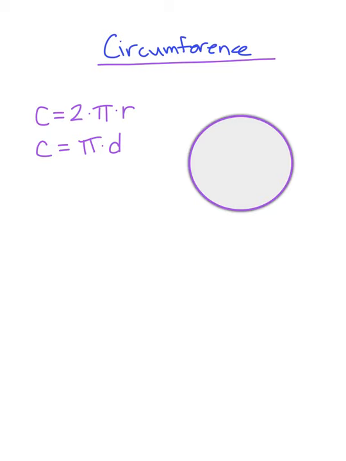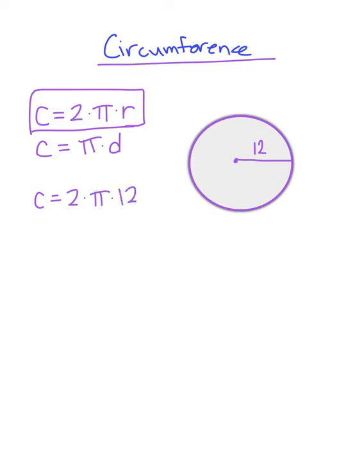So in this first example, let's say you're given a radius. So the radius here, let's say is 12. Okay, so you have a radius, so you're going to use the first formula here. Circumference equals 2 times pi times the radius, which is 12.